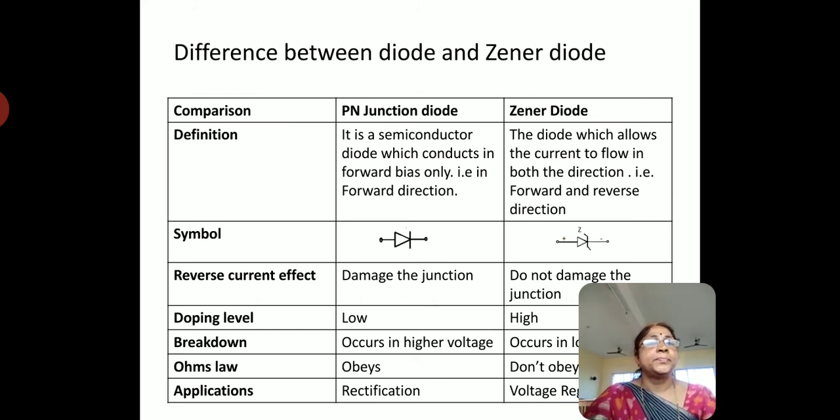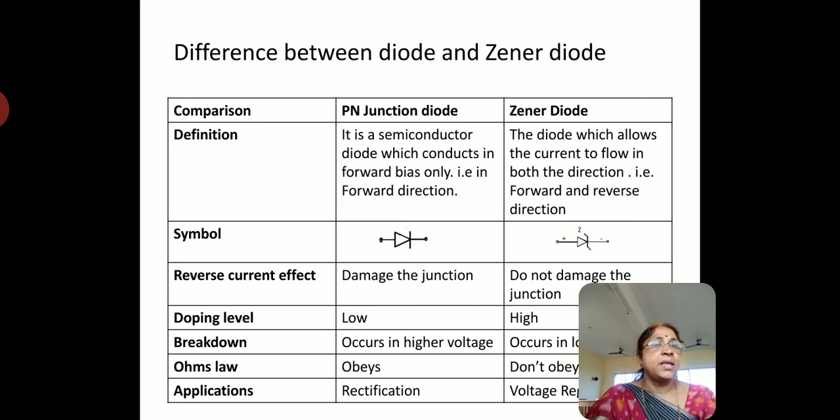The diode is a semiconductor which conducts in forward bias only, that is, in the forward direction. Whereas a Zener diode allows the current to flow in both directions, forward as well as reverse. Symbolically, we represent them as shown in this table. Now, the reverse current effect.